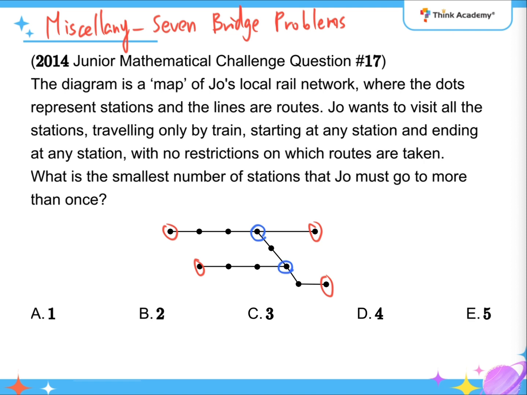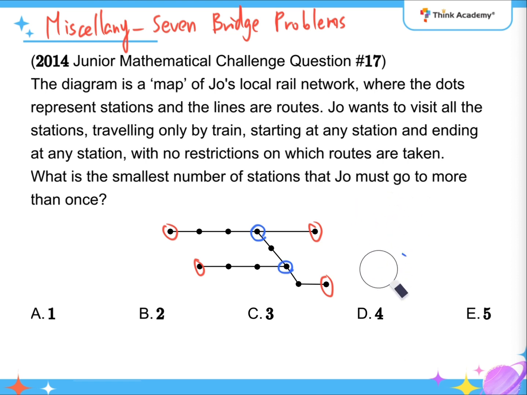So if I am to revisit these 2 points, it means that, well, probably we can just think about this diagram as something like this, if I'm simplifying it, right? Where these 2 points are the 2 junctions there. So definitely, if I need to go through it, I will have to go through the other part as well, right? Like the other part of the branch.